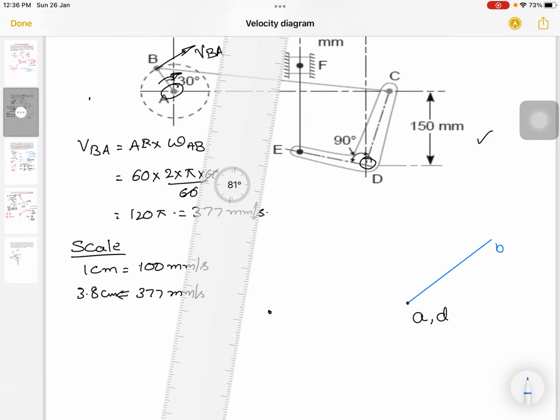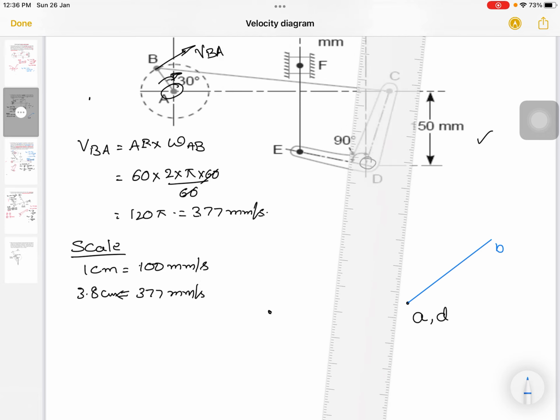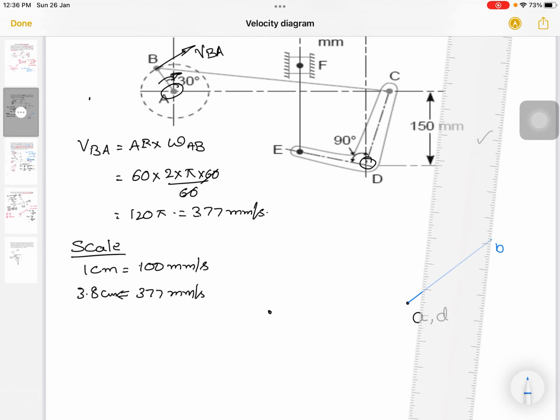After that, from point B draw a line perpendicular to BC.